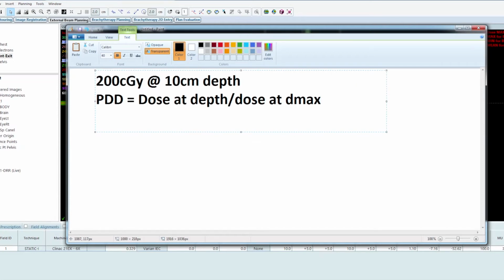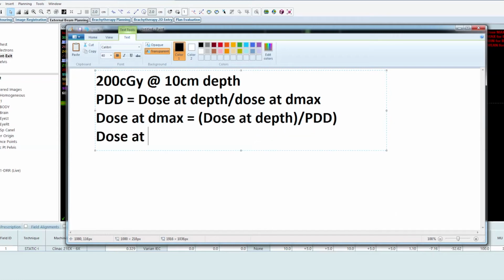Well, we multiply dose at Dmax over to the PDD and we divide by PDD, so we get dose at Dmax equals dose at depth divided by the PDD. Okay, what's my dose at depth? Well, my dose at depth is the prescription dose, right?